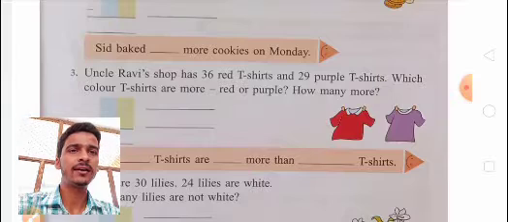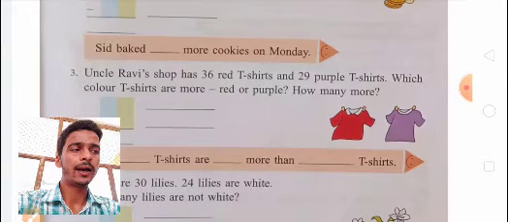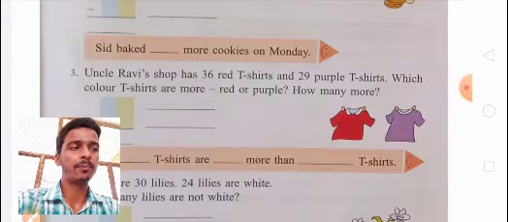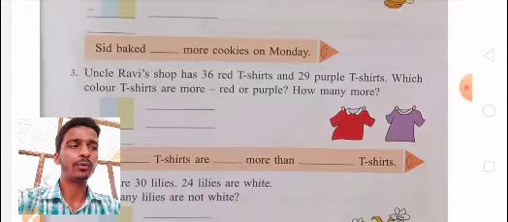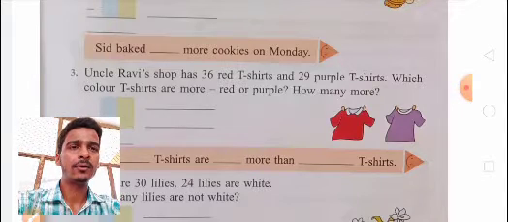You can see here that the number of red t-shirts is 36 and the number of purple t-shirts is 29. We can see here that 29 is less than 36.